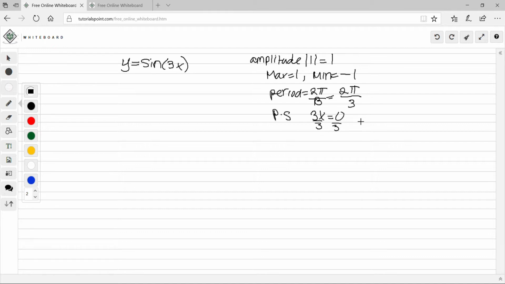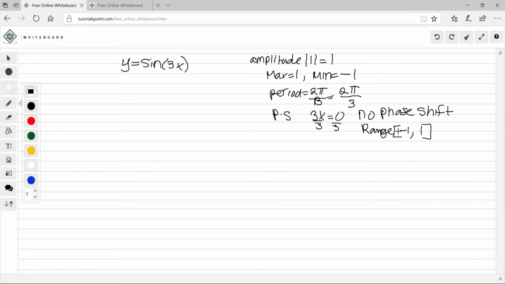So we have no phase shift because it's still 0. No phase shift. Okay, so our range is from -1, our minimum value, to our maximum value, so it's -1 to 1.